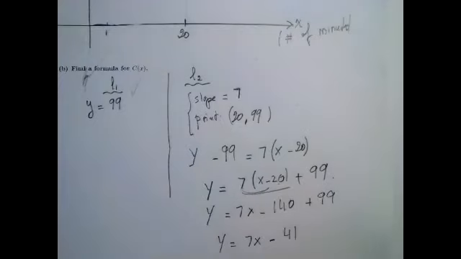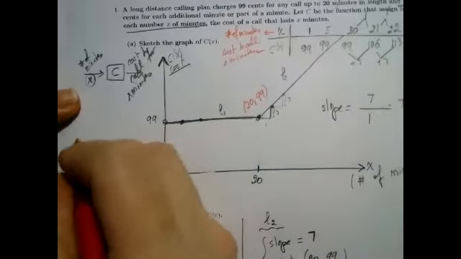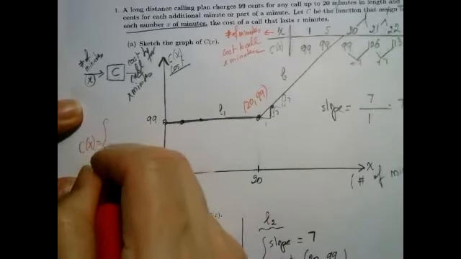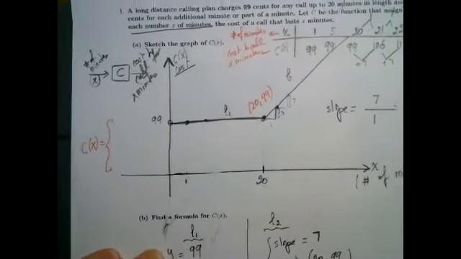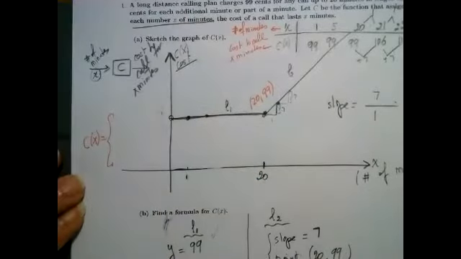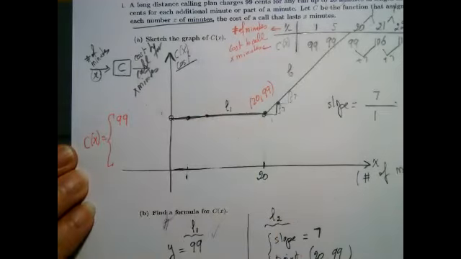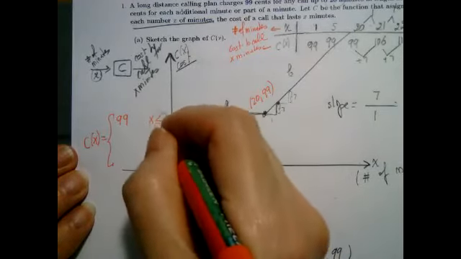And now let us write the formula for the cost. So what is the cost now? Right now, I'm going to find the formula. So how can I write the formula for the cost? So the cost is equal to what? How do I write it? Okay, it's going to be 99 when x is less than 20.